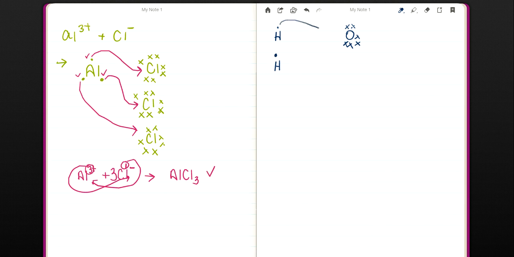However, because they're nonmetals, they form shared bonds. There's no giving away of electrons really. They bond together.